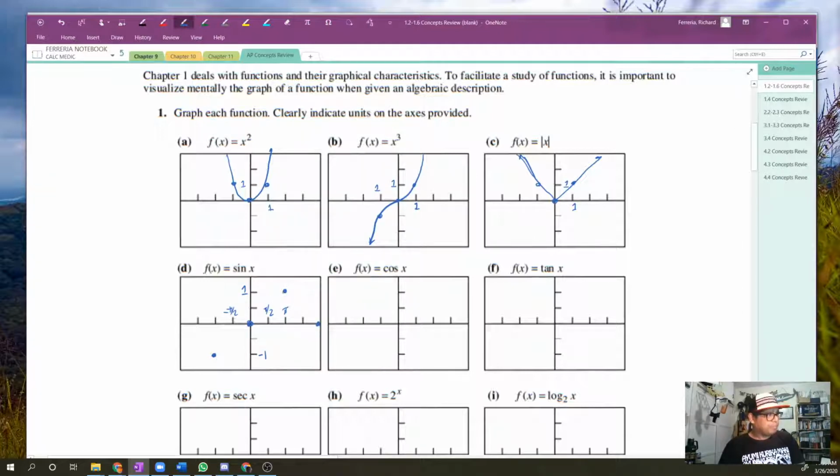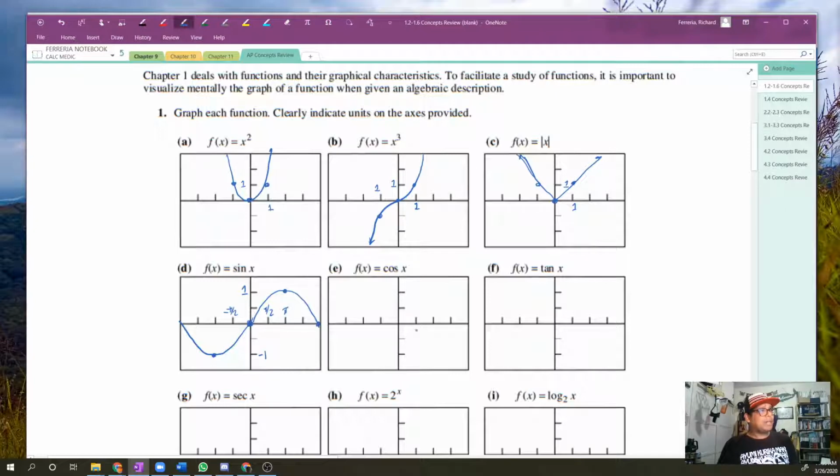So we're drawing that familiar sine shape. And this is just meant to be a review, so you should be able to graph these pretty easily by now.